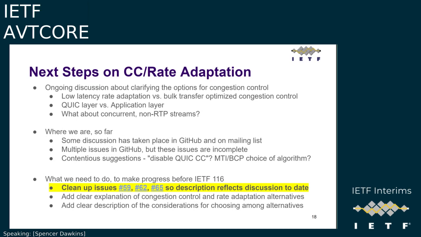So the question is, how do we know that we're talking to an other end that will do the right thing? If I'm asking it to send something, how does it know? And whether that is at the QUIC level or at the RTP level or at the application level, that's an interesting story.